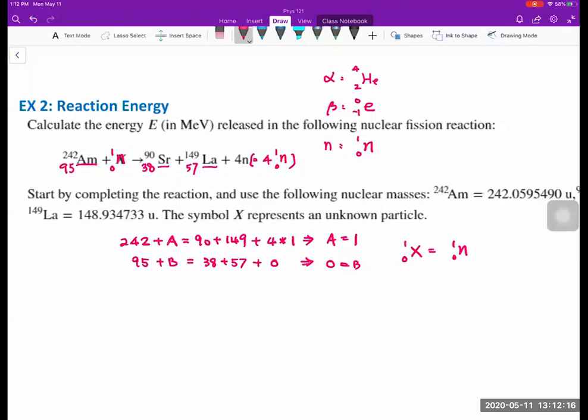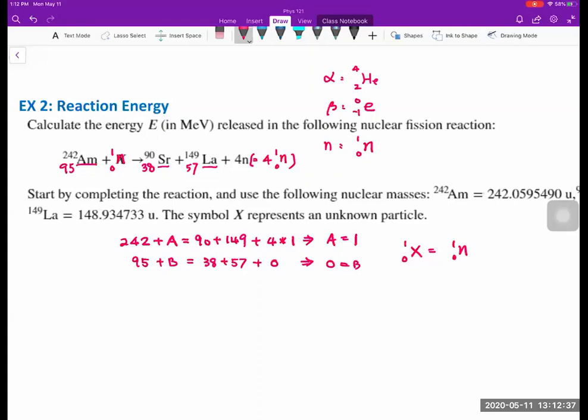This is a typical nuclear reaction. You start with a neutron, and you use the neutron to bombard a large element, and you create what we call a chain reaction. Why is this a chain reaction? Because you start with 1 neutron, but after the reaction, it creates 4 neutrons.